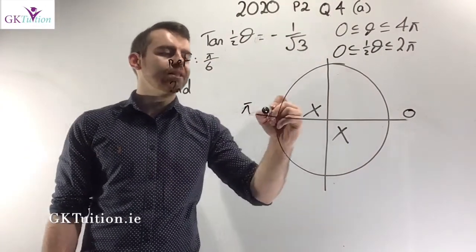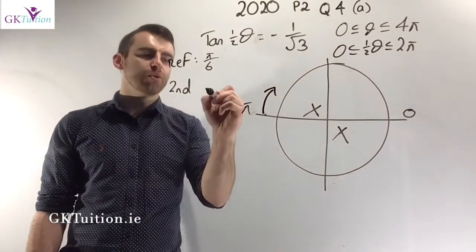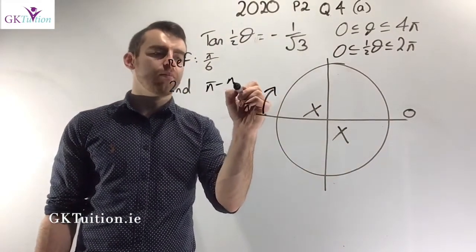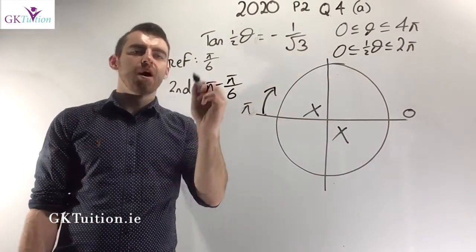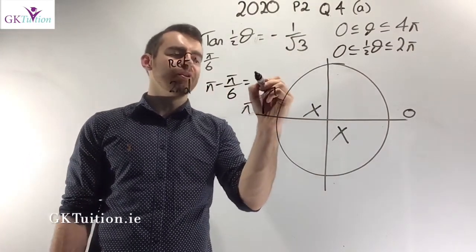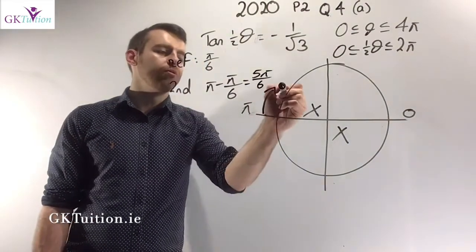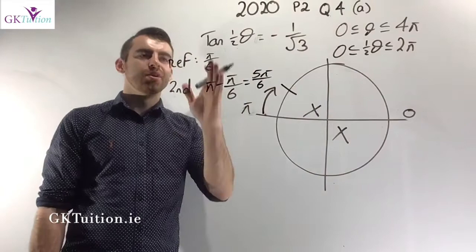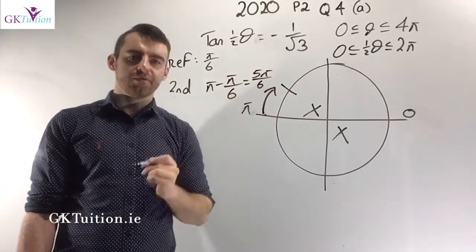So to get my value in the second quadrant, I'm at pi, and I'm going back into the second quadrant, so I'm subtracting my reference angle. Pi minus pi over 6. My first answer gives me 5 pi over 6. So the first point on the unit circle, when the tan of an angle is equal to minus 1 over root 3, is 5 pi over 6.